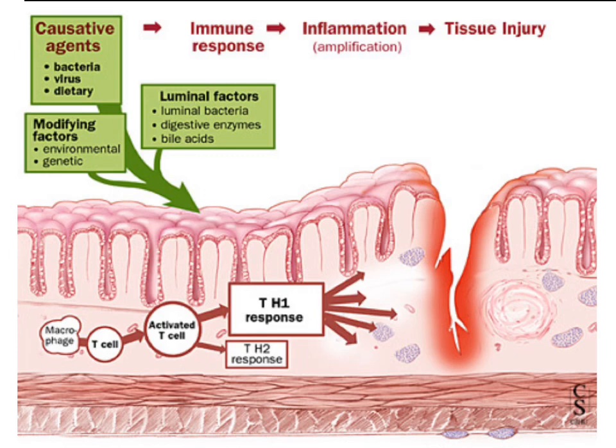We don't know this agent yet, but it has led to activation of the immune system, and with the activation of the T cells and T helper response, lots of inflammation is ongoing in the GI tract, leading to tissue injury.